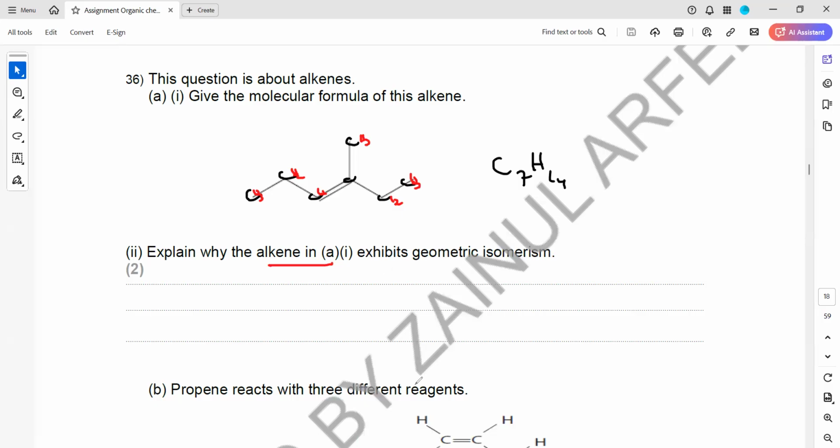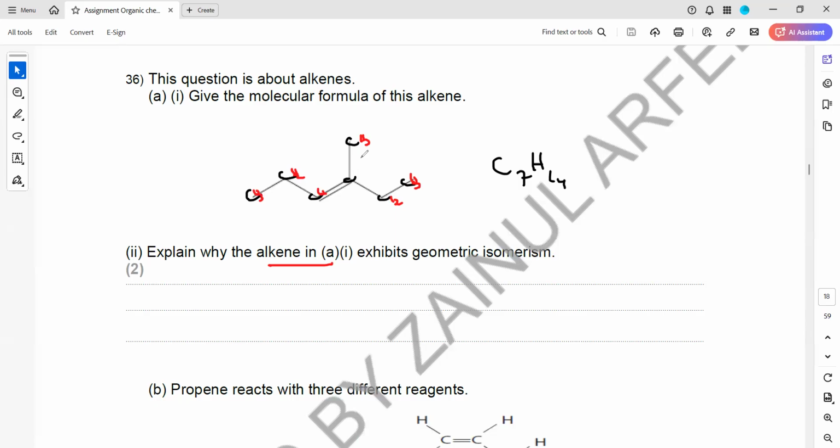Explain why alkenes exhibit geometrical isomerism. So why do alkenes show geometrical isomers? You have to write a standard explanation for this. Because of the presence of the carbon-carbon double bond, there is a restriction in the geometry. As the geometry is restricted, the orientations are restricted.